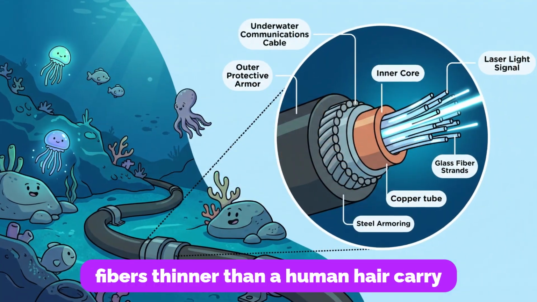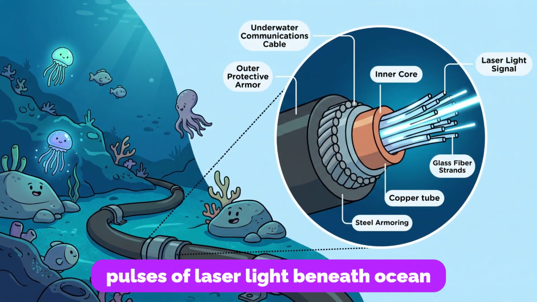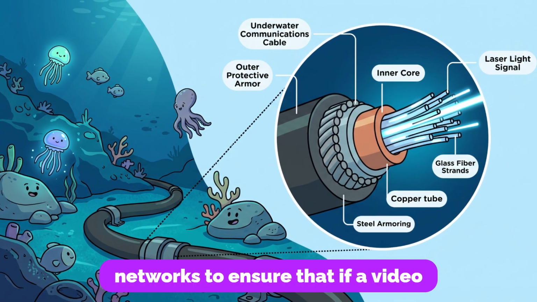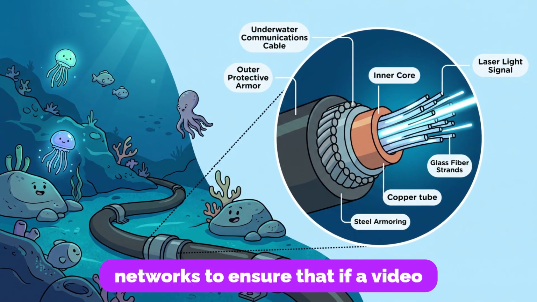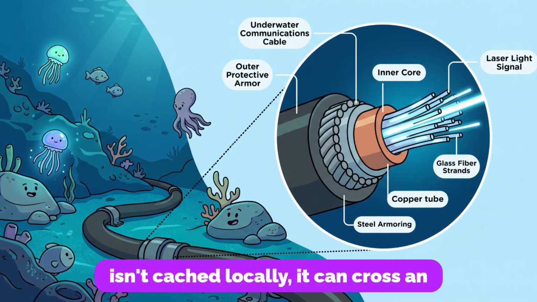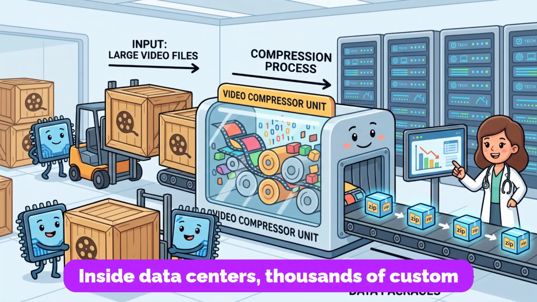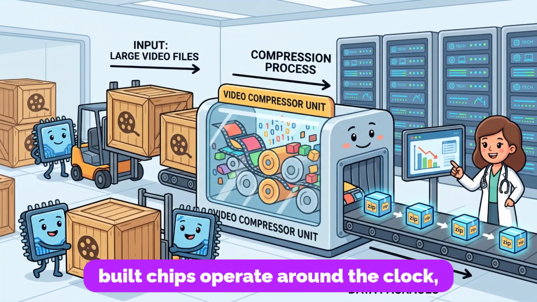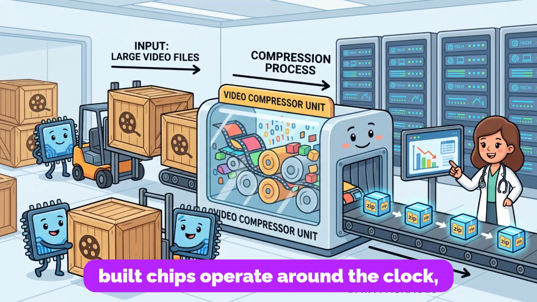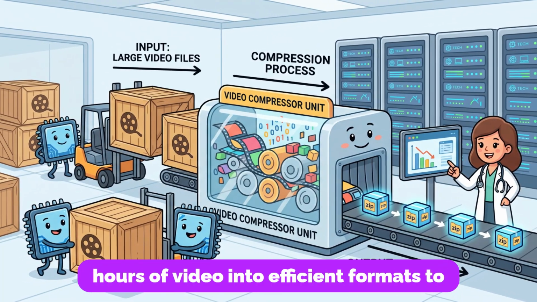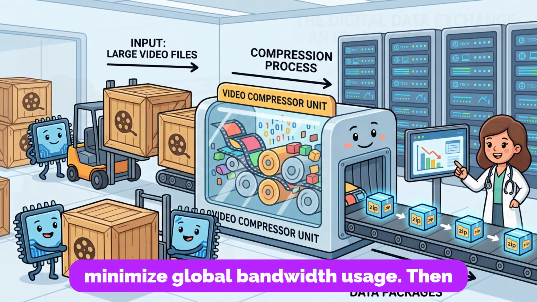Deep underwater, glass fibers thinner than a human hair carry pulses of laser light beneath ocean floors, stitching together global networks to ensure that if a video isn't cached locally, it can cross an ocean in a handful of milliseconds. Inside data centers, thousands of custom-built chips operate around the clock, continuously retranscoding millions of hours of video into efficient formats to minimize global bandwidth usage.